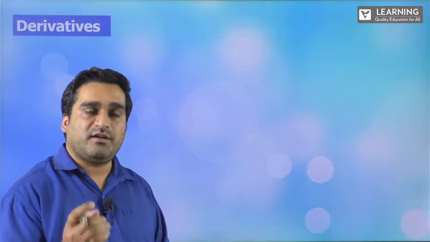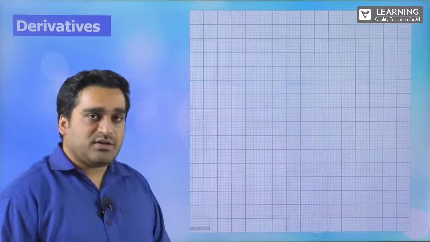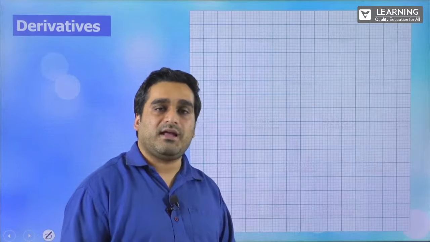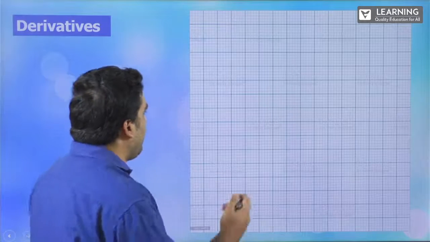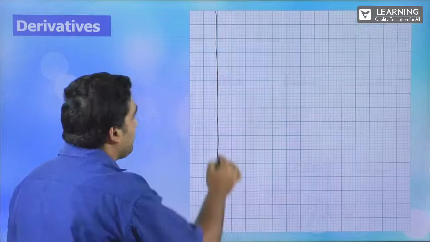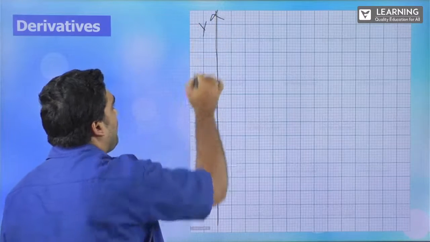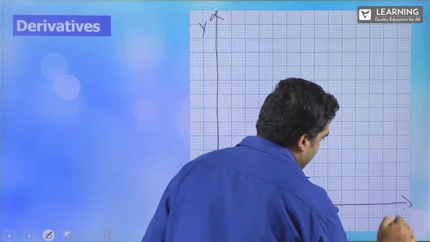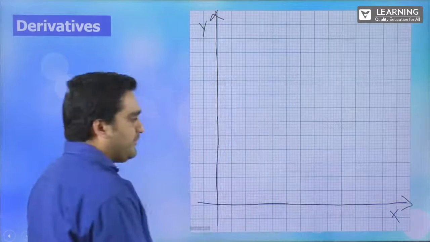To help you understand the concept of a derivative, I'm going to take a graph sheet, and onto this graph sheet I'm going to plot my x and y axes, which are usually termed the ordinate and the abscissa. So you have your y and then you have your x-axis.